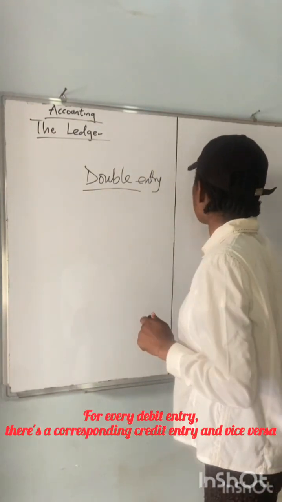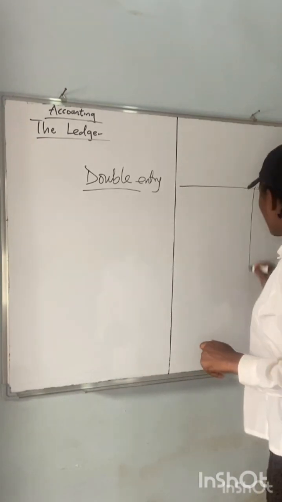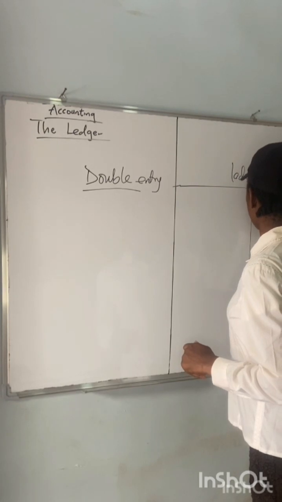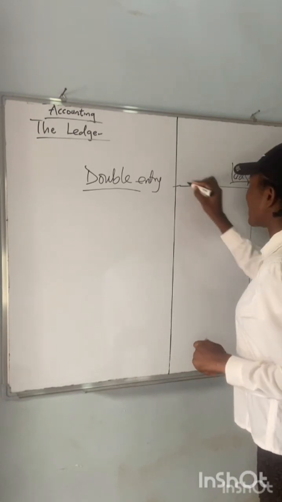Now I'm going to give us a format of the ledger so that we are together. This is our ledger format, our credit side and our debit side.